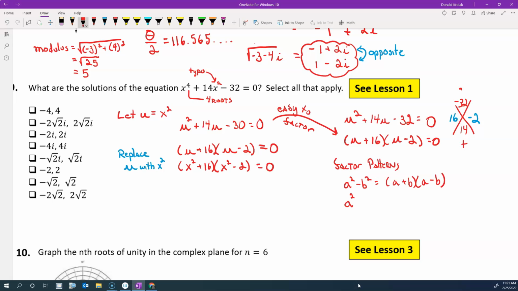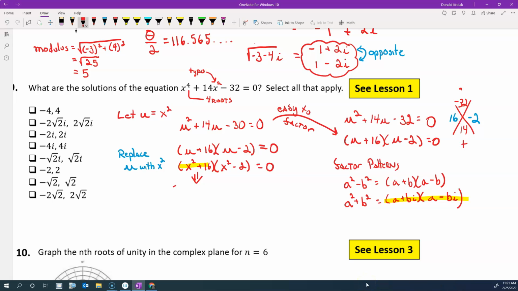And the other one we got over by the door is this one. And that factors into this. So this right here, folks, is going to factor. I'm going to use this second formula right here.